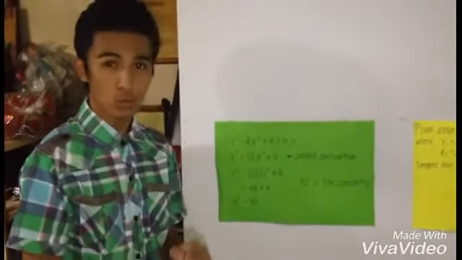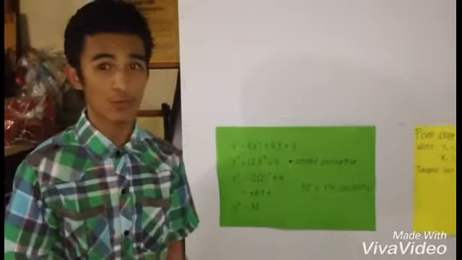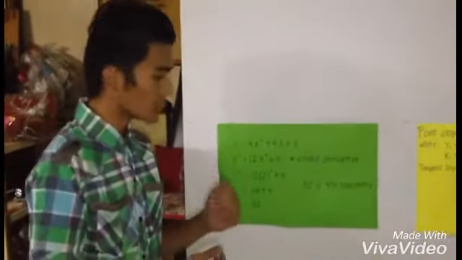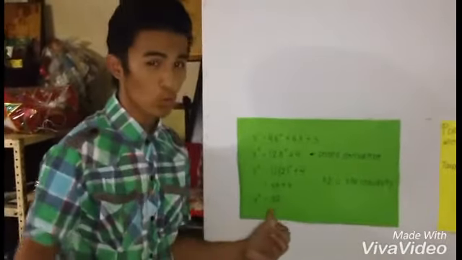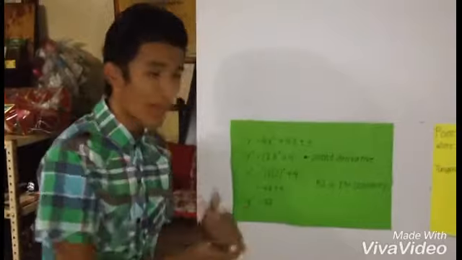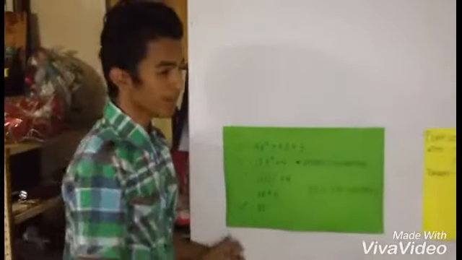We substitute 2 for the variable x in order to get the exact value of the concavity of that equation. So 12 times 2 raised to 2 plus 4 is equal to 52. So y double prime is equal to 52, and that is our concavity.